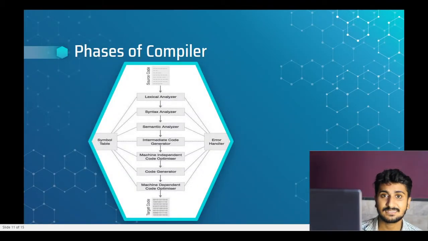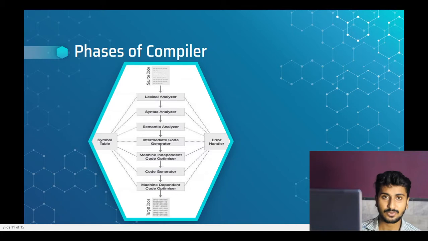So these are the phases of a compiler. Number one is the lexical analyzer, which is the first phase, the scanner. It works as a text scanner. This phase scans the source code as a stream of characters and converts it into meaningful lexemes.